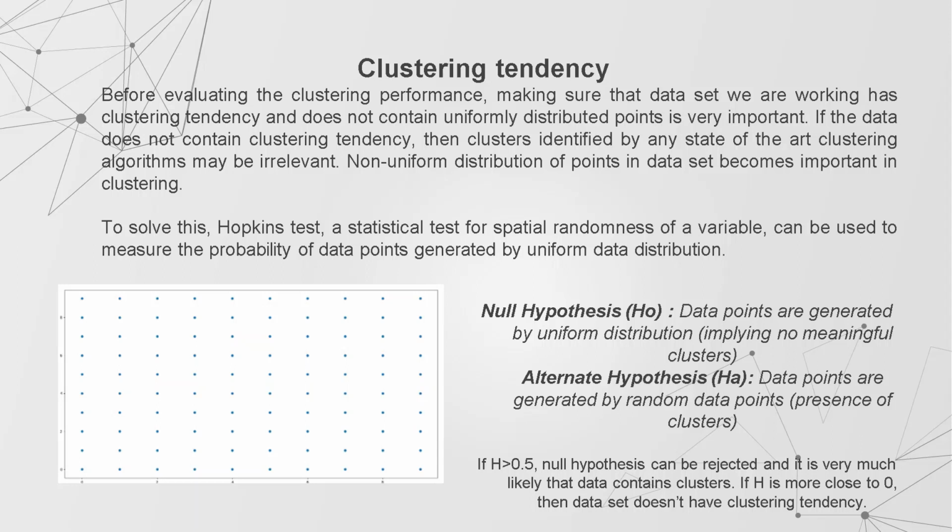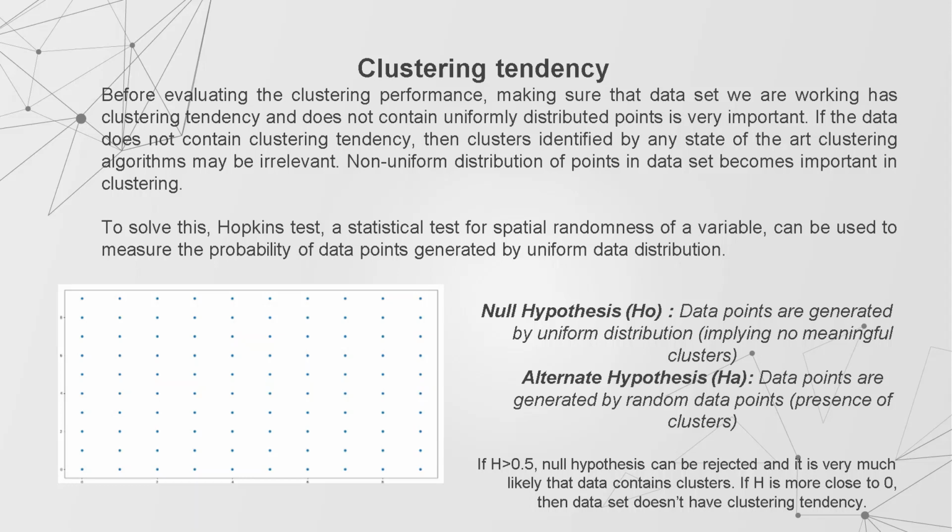Alternate hypothesis: data points are generated by random data points, implying the presence of clusters. If H is greater than 0.5, the null hypothesis can be rejected and it is very likely that the data contains clusters. If H is close to 0, then the dataset doesn't have clustering tendency.